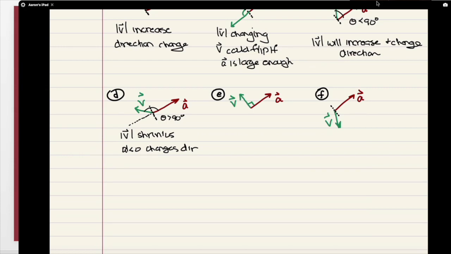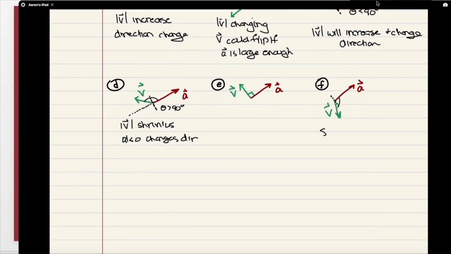And then skipping to F, which is kind of the same sort of setup as D. But now we have this case E, where they are perpendicular to one another.